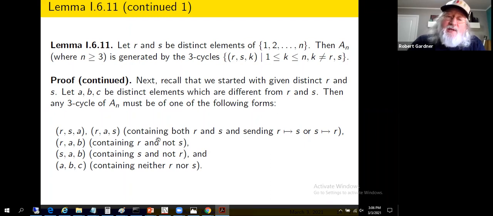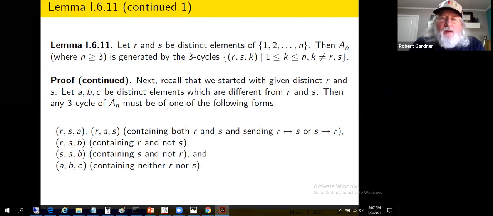This is a 3-cycle that contains both R and S, and it sends R to S and S to R. We could have 3-cycles that contain R only and don't contain S, contain S only and don't contain R, or contain neither R nor S. So we've got these 5 kinds of 3-cycles as related to a given R and S, and whether the 3-cycles contain both, one, or neither of R and S.